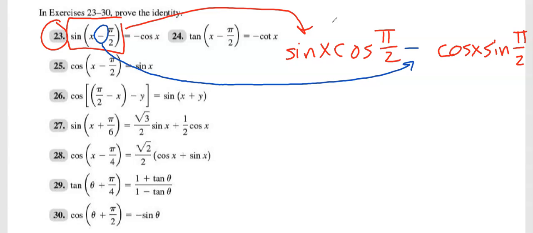So what do you got for the cosine at the top of the circle? That's actually the sine. That's the y value. Cosine is the x value. What did you put in the place of cosine pi over 2? 0. Good call. The x value at the top of the circle is 0.